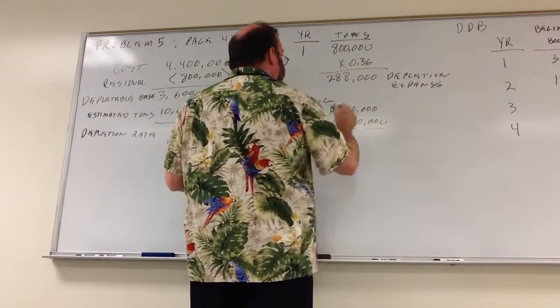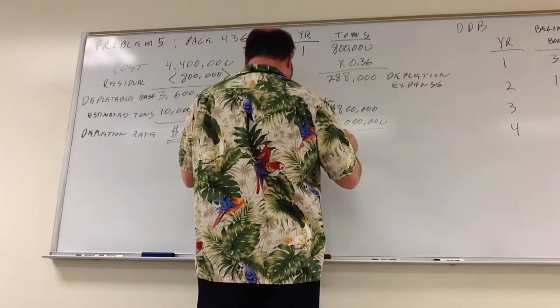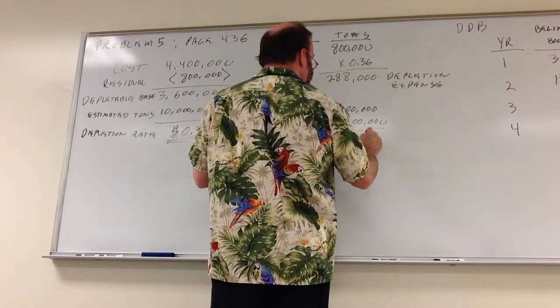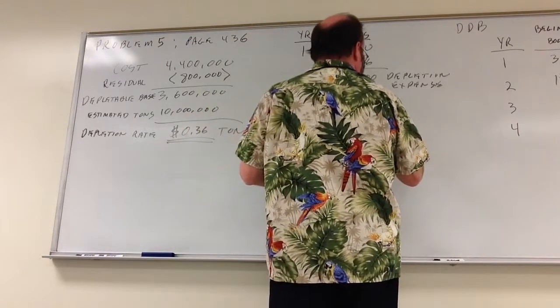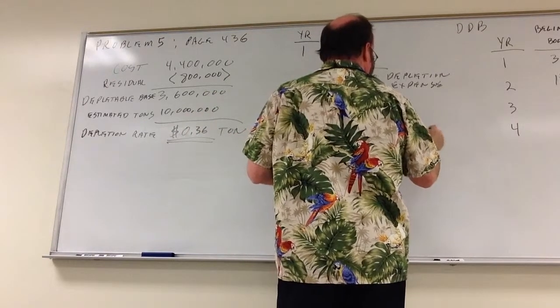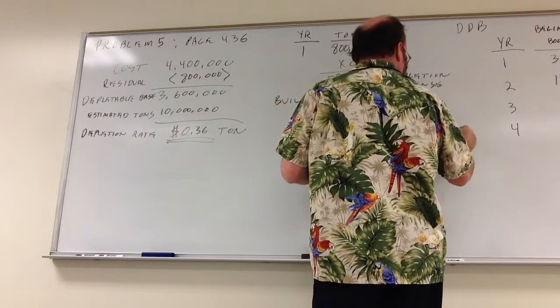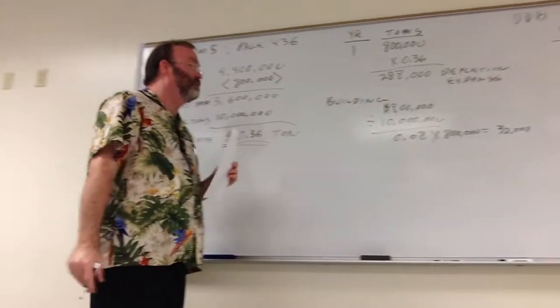Thank you. That would give you 0.08. Multiply that by the 800,000 tons produced, and you get 32,000 for depreciation on the building.